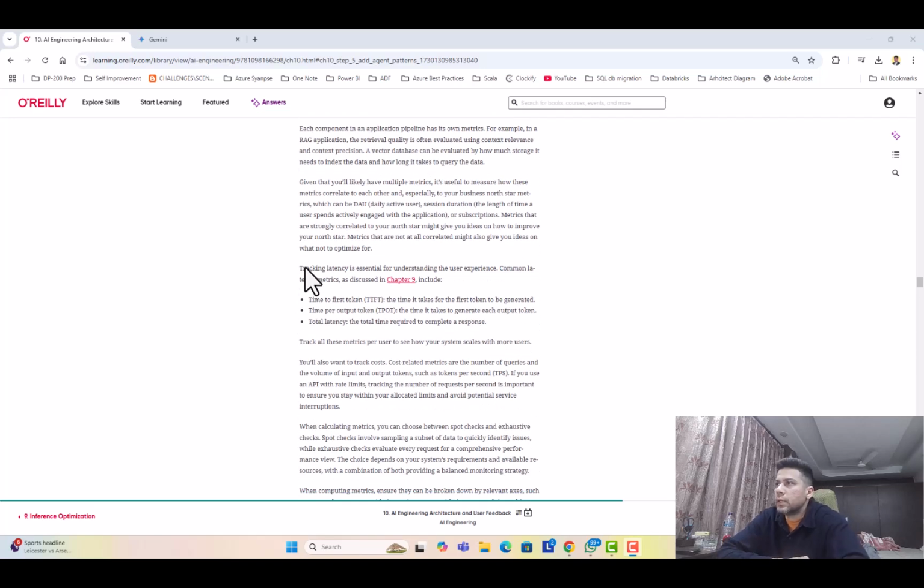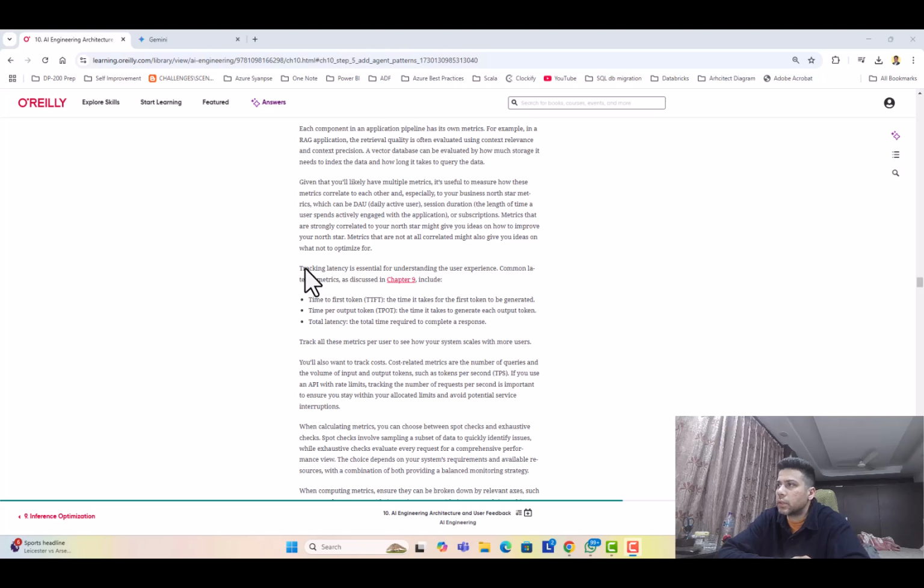Given that you will likely have multiple metrics, it's useful to measure how these metrics correlate to each other, and especially to your business North Star metrics, which can be daily active user, session duration, or subscription. Metrics that are strongly correlated to your North Star might give you ideas on how to improve your North Star.